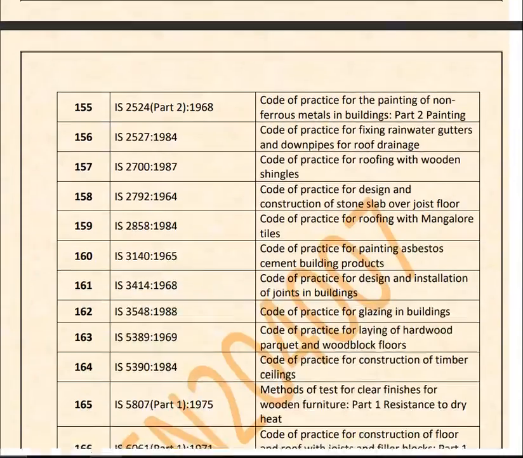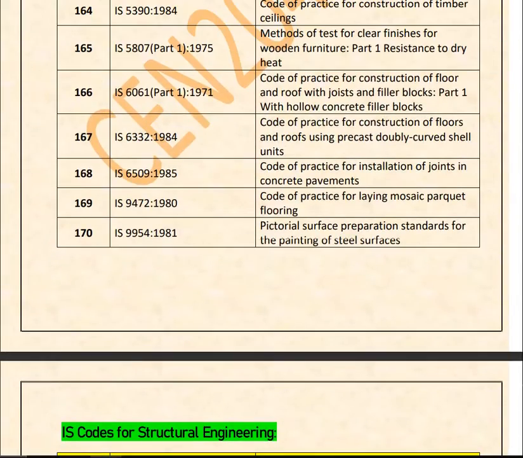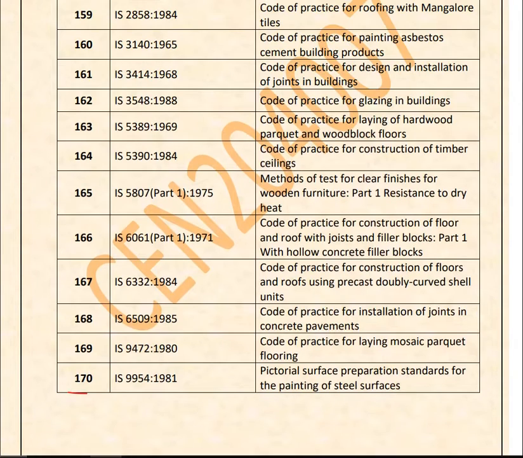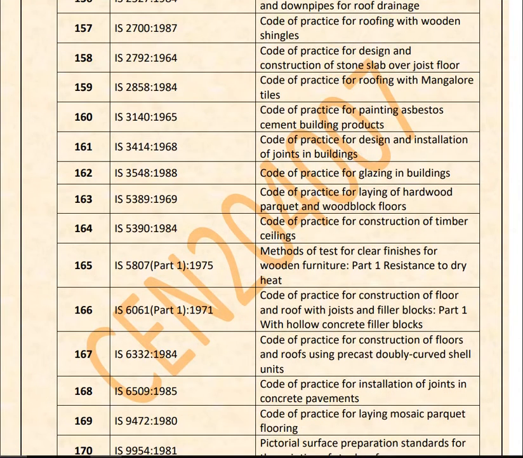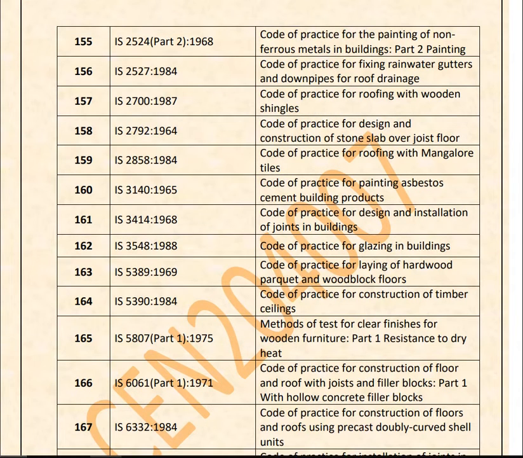So there are certain codes like this, and this goes up to 170. And there is the code of practice for roofing and wooden ceilings, that is IS 2700 1987.